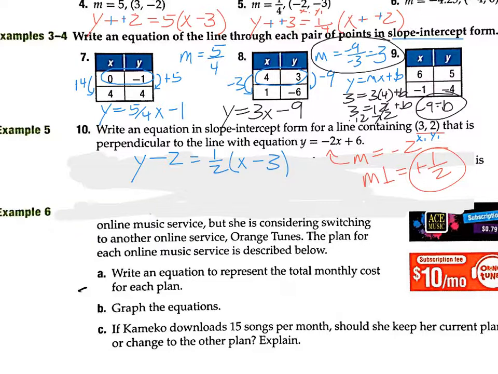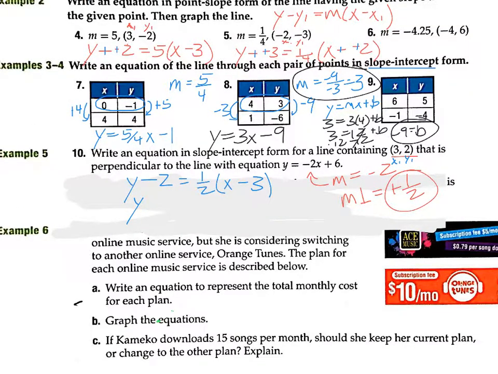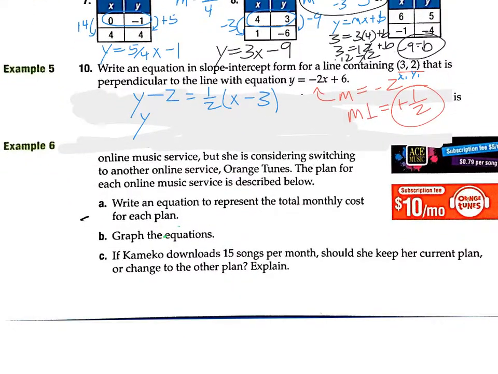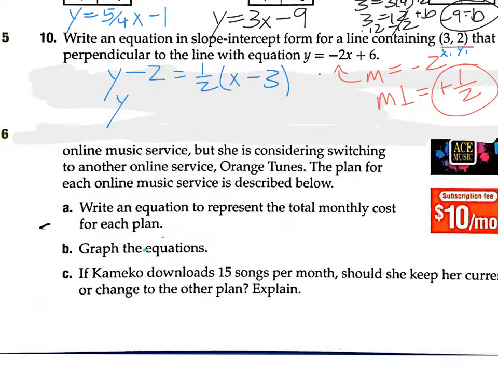3). Now, slope-intercept form, if we remember up here, is y equals mx plus b. That means I've got to get y by itself, so in this problem I'm going to isolate my y.